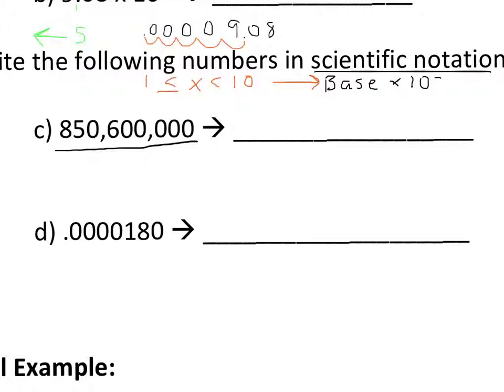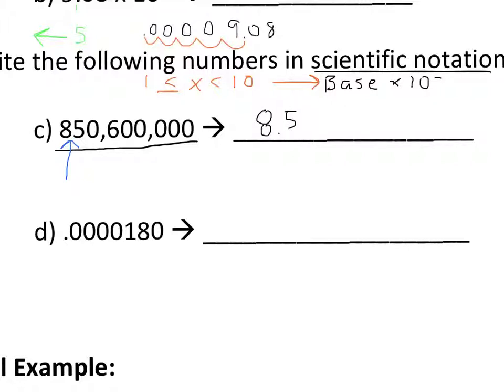So, if we take this number in C, which is 850,600,000, our decimal place needs to go right there, so that our base number is going to be 8.5.